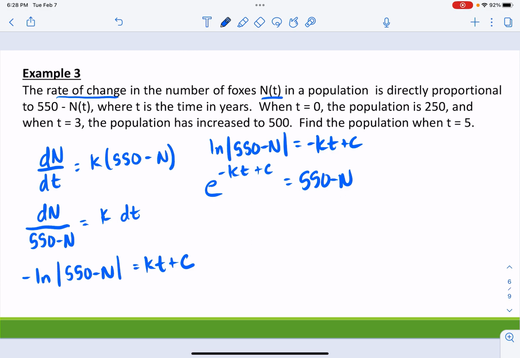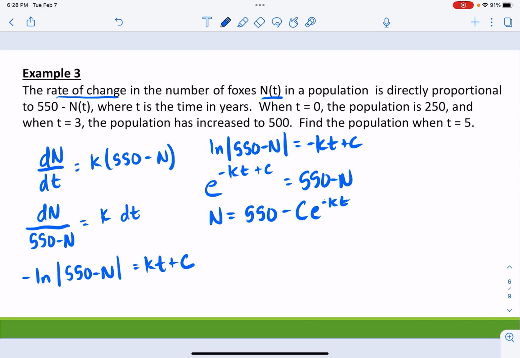So N equals 550 minus e to the kt plus c. But remember that the e to the c can come down and become a C here. I'm going to make sure I do it right.